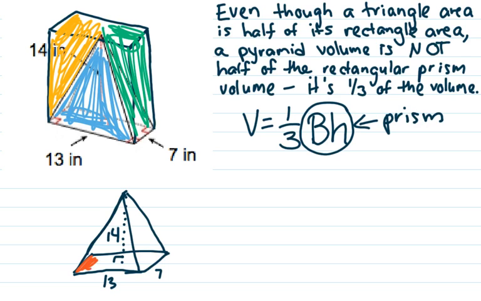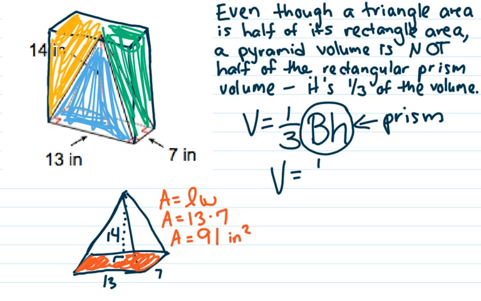Well, the base is a rectangle, and the area of a rectangle is length times width. So the area is 13 times 7, which is 91 inches squared.